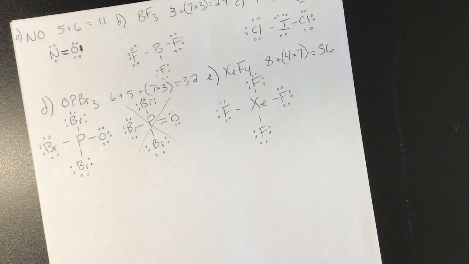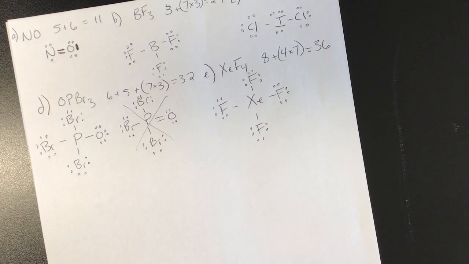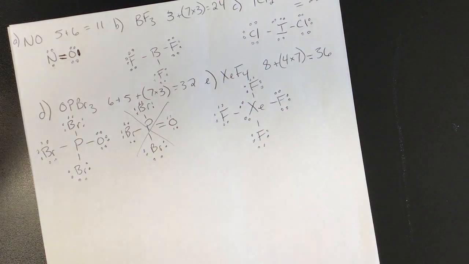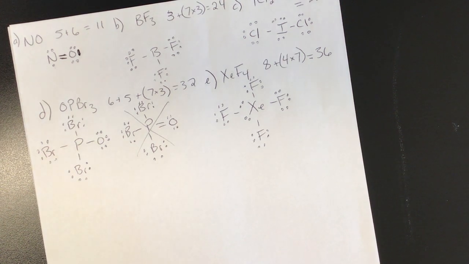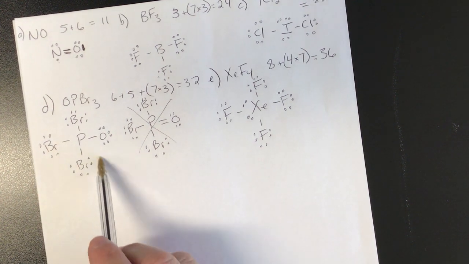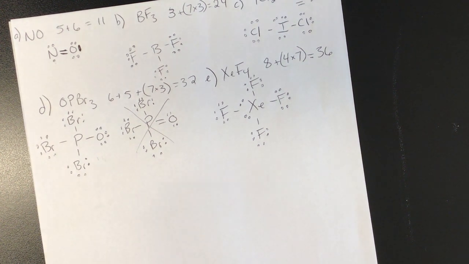Okay, so we've used 32 electrons here. We've got 4 more to go. And again, anytime I have any left over, they always go as lone pairs on the central atom. Xenon has more than an octet, so it does not obey the octet rule. So the only one that did was D.